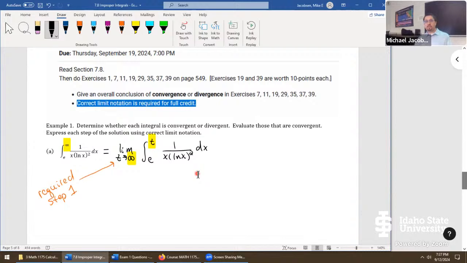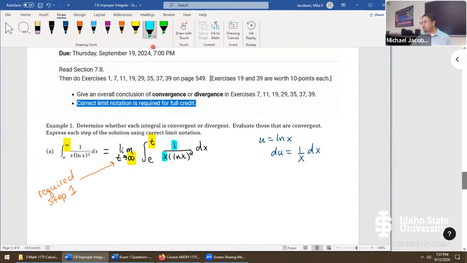Okay, once we have the limit, we need a good u substitution. But oftentimes you might have noticed if you see a natural log x, that might be just the best choice for a u. So let's go with u equals natural log x. Its differential is du equals 1 over x dx.